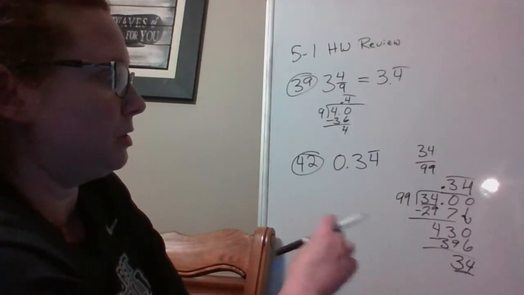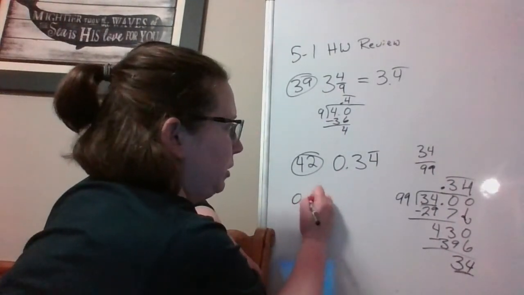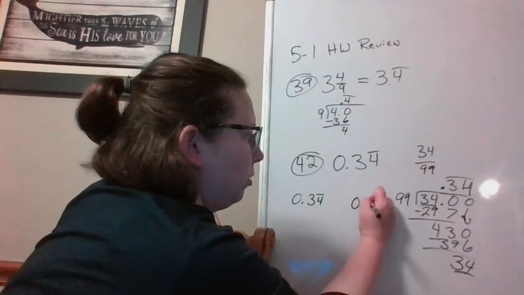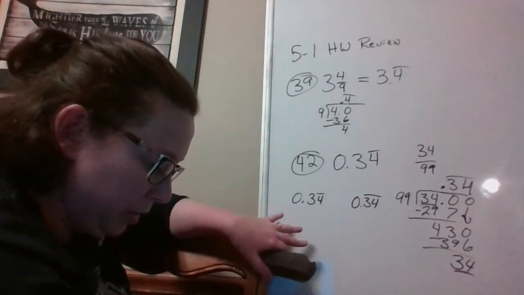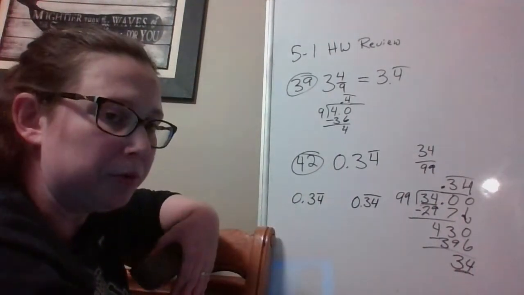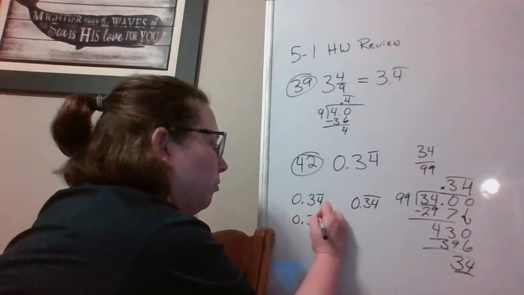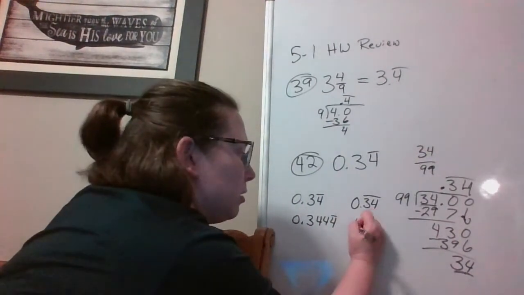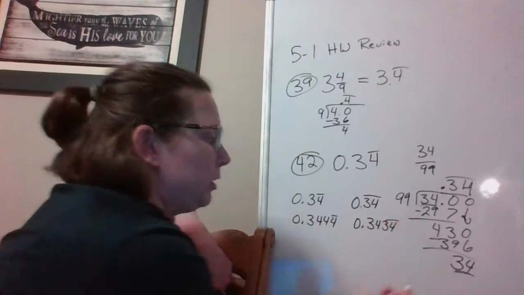So this is an interesting comparison here where I'm going to write these over here. I have the 4 that repeats, or I have the 34 that repeats. So in this one, you need to think about what those repeating bars mean. I'm going to go ahead and repeat out some of it. This one would be 34, and then the 34 repeats.